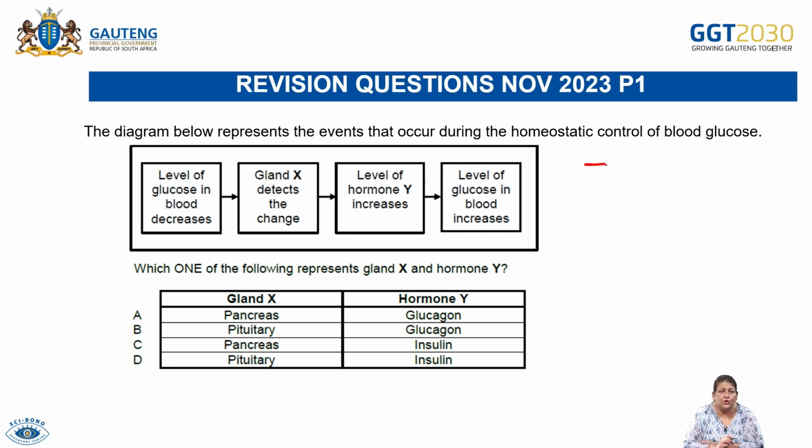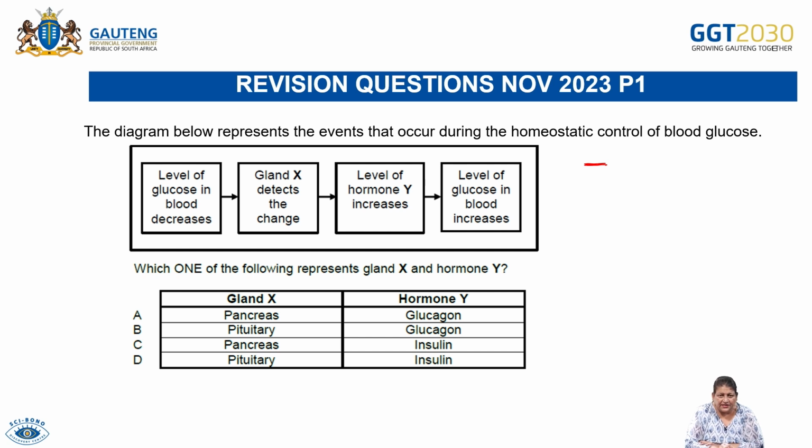Which gland controls the glucose level? It is the islets of Langerhans in the pancreas. The pancreas is an organ, but the gland in the organ is the islets of Langerhans. So gland X is the islets of Langerhans in the pancreas, which will detect the change, that the glucose level in the blood dropped.